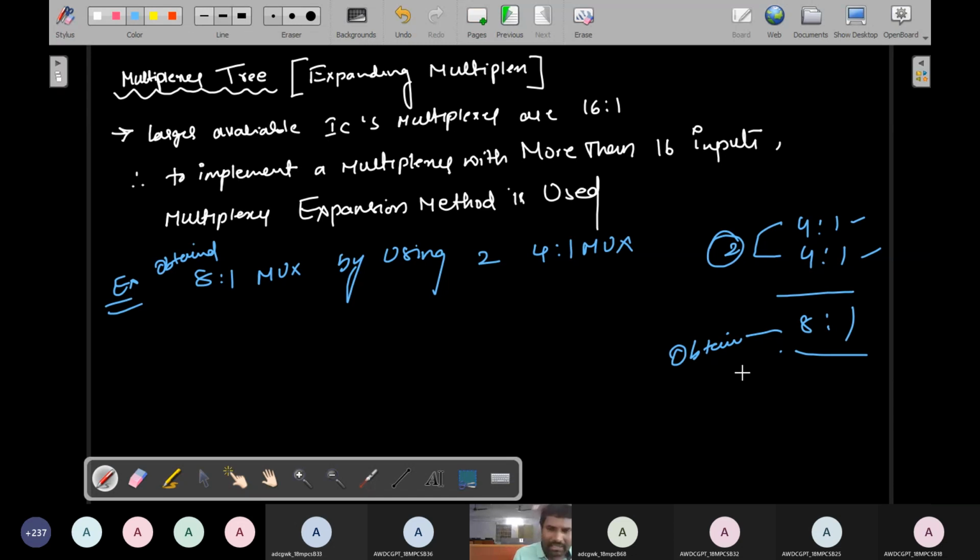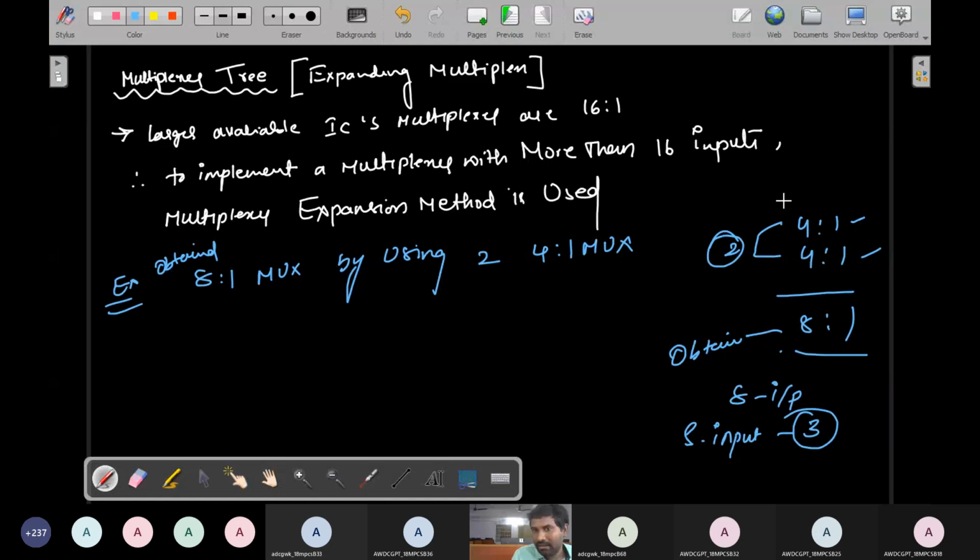There is only one difference from 8:1, because here we are using 8 inputs. How many selecting inputs do you want? You need 3 selecting inputs to operate an 8:1 multiplexer.